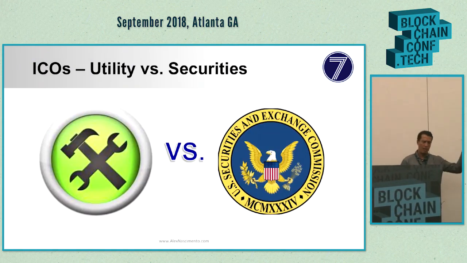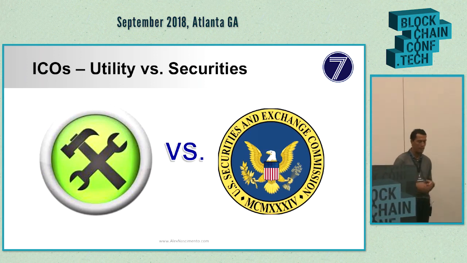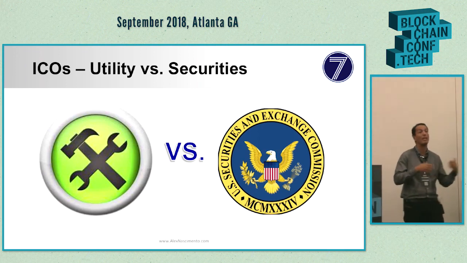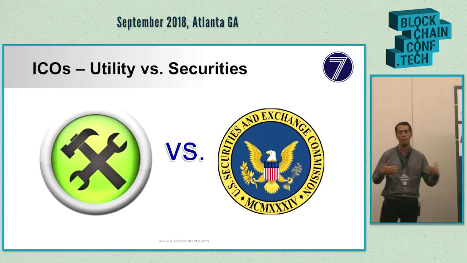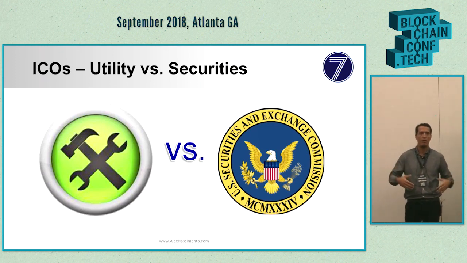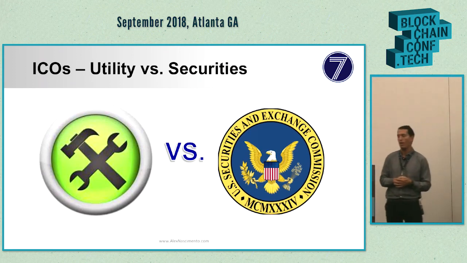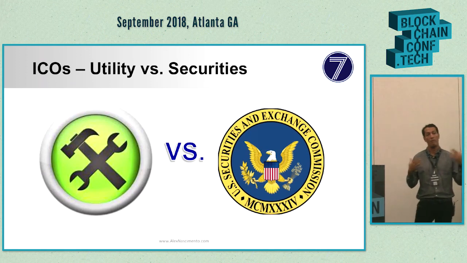So I'm sure you guys are familiar with the difference between utility and securities tokens, but if you're not, this is what mostly happened this year. We got 2016, 17 with all these smart contracts and crazy fundraisings of companies raising billions of dollars through this crowdfunding mechanism called ICOs.